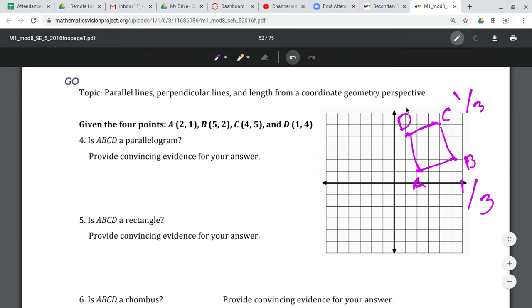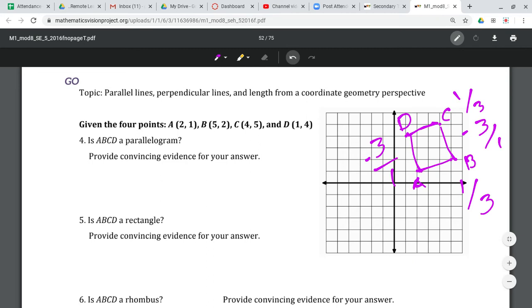Now we need to look at DA and CB. So DA, from this point, I know my line's a little wonky on here. We're going down 1, 2, 3, and over 1. So it's a 3 over 1, negative 3, because we're going down. And then over here, we're going down 1, 2, 3, and over 1. So another negative 3 over 1.